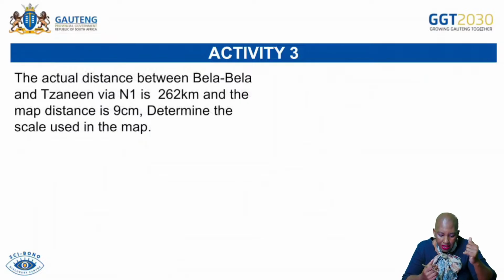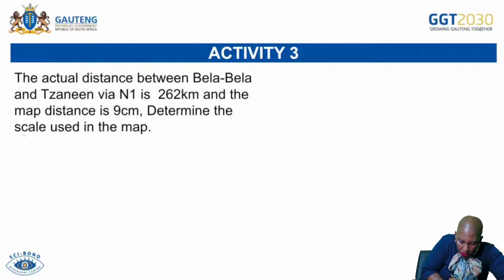That is our starting point. So now in ratio form, it is map is to actual. The map is 9 centimeters. The actual is 262 kilometers.